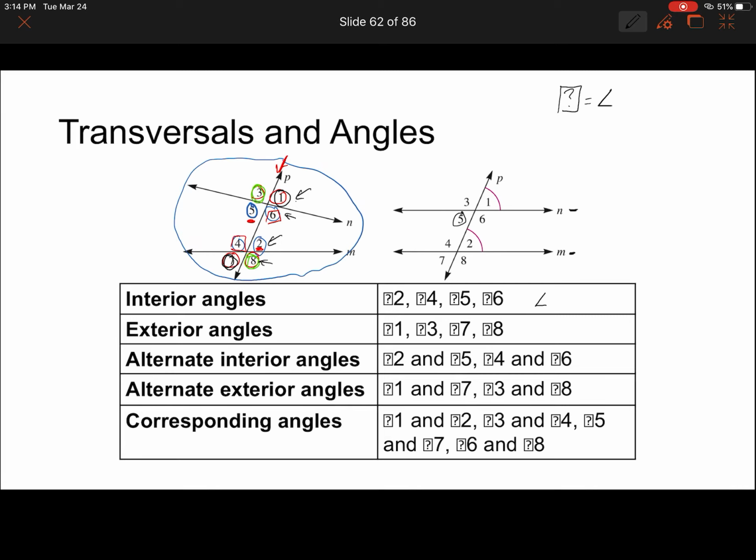Also, if angle 2 and angle 1 are the same, and angle 1 and angle 5 are vertical, and so they're the same, then angle 2 and angle 5 are the same measurement. And so alternate interior angles are congruent.